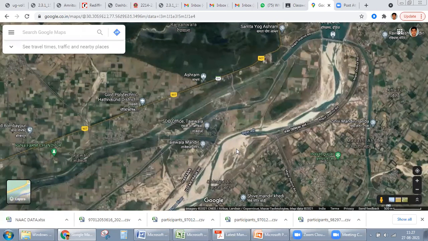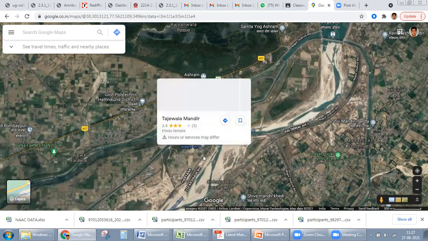And the water was diverted from this portion. So earlier, the Western Yamuna Canal was diverted from this point only and found its way to this side. And the Eastern Yamuna Canal weir was on this side, so the Eastern Yamuna Canal was going from this side. So this was the location where the Tajewala headworks was provided.